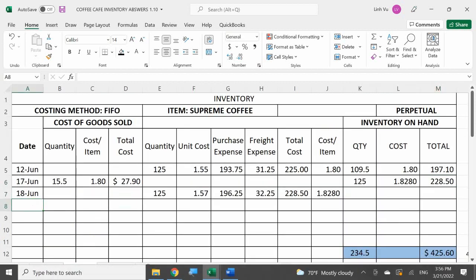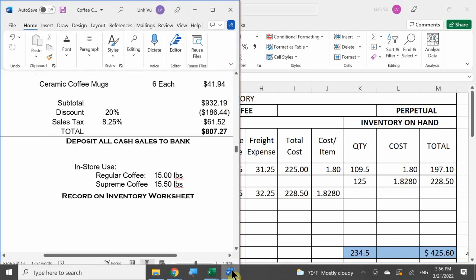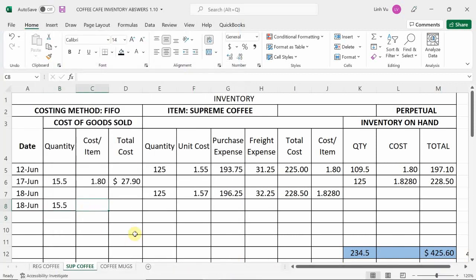Okay. Let's go ahead and also solve for this. Now, in this case, we also sold another 15.5 pounds of my Supreme coffee, right? I used 15.5 pounds to serve the coffee. So if we're using the rules of FIFO, which batch are we going to be using at first?